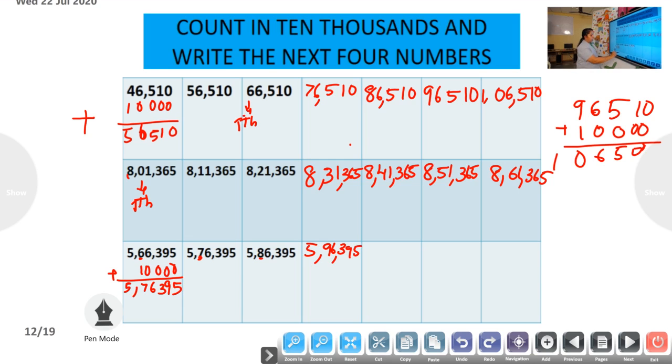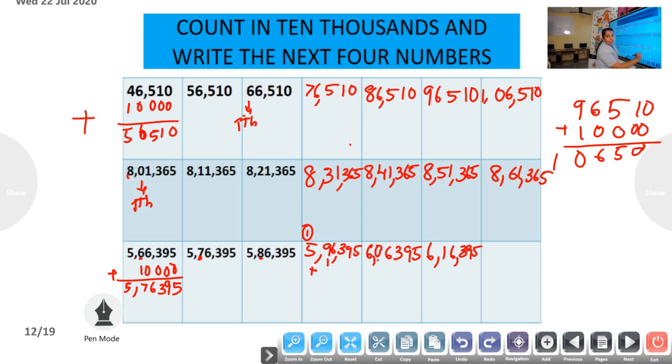So clear? Again you are adding here 1. So it becomes 10. Here is the carryover. So 5 plus 1, 6. Then we have to change the digit in the 10,000 place.